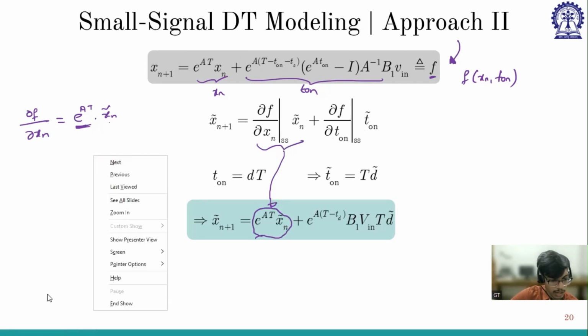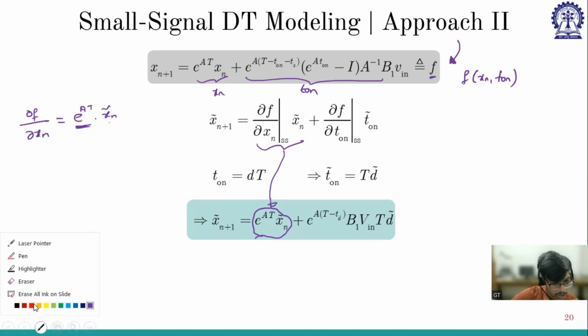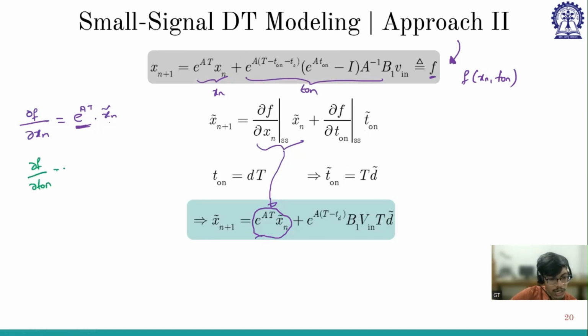And if I change the color, let me use green for the second term. The second term is t on dependent, so the first term will be 0. For dou f by dou t on, let me first multiply this out. I'll get dou by dou t on of e to the power A of t minus ts, minus e to the power A of t minus t on minus ts into A inverse into B1 into B. The first term is independent of t on, so it will be 0.